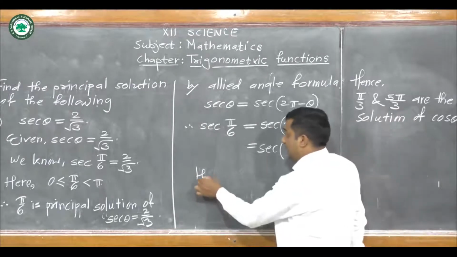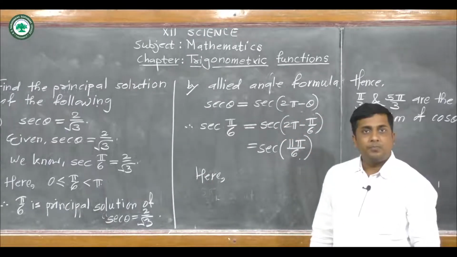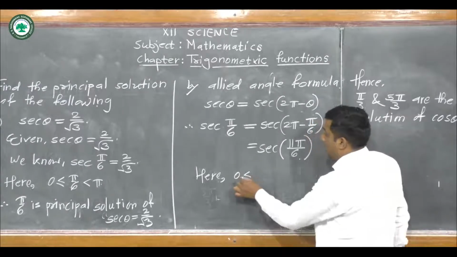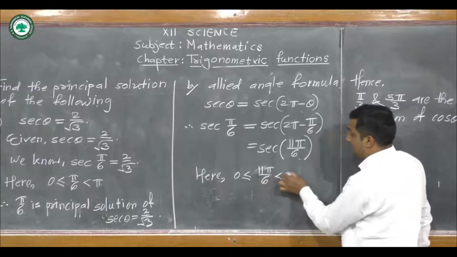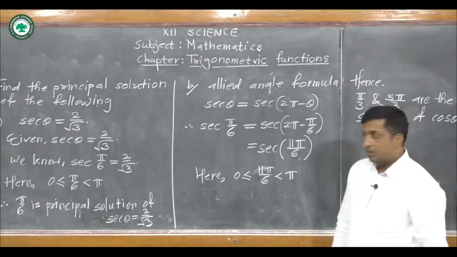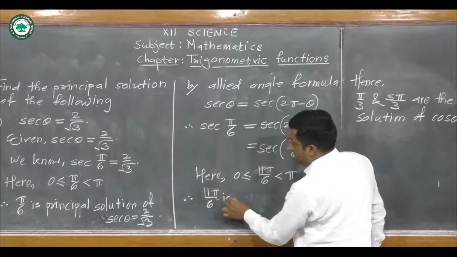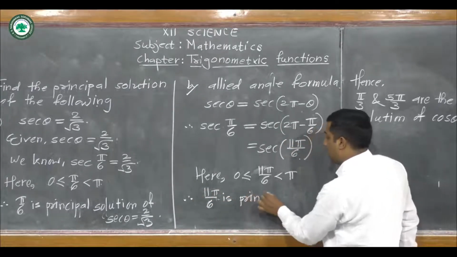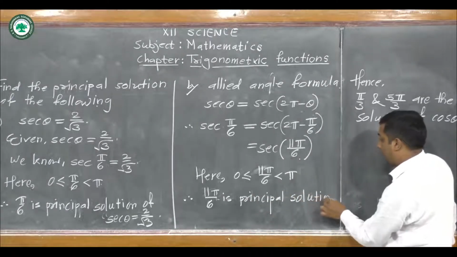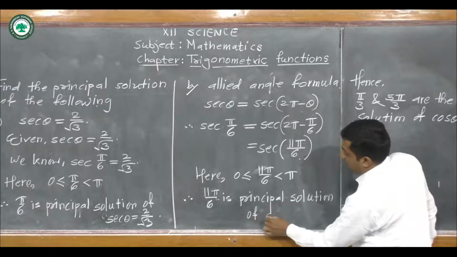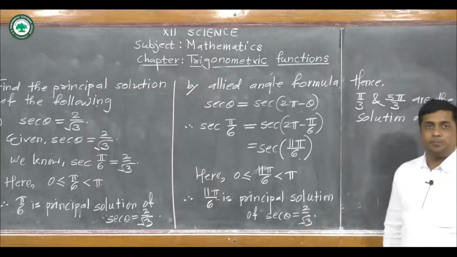Now this 11 pi by 6 lies in between 0 and 2 pi. So therefore 11 pi by 6 is a principal solution of sec theta is equal to 2 upon root 3.